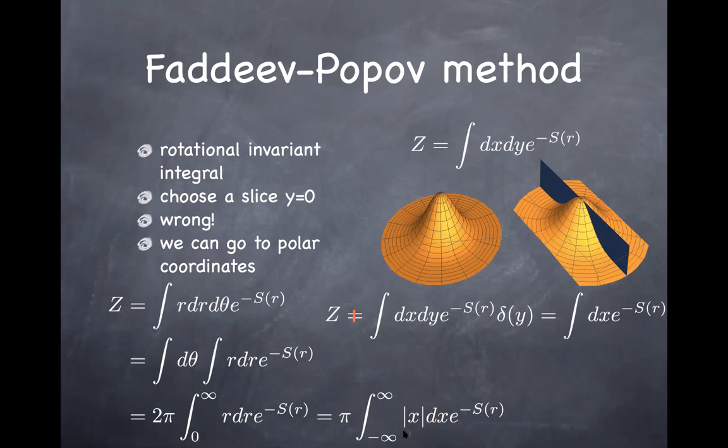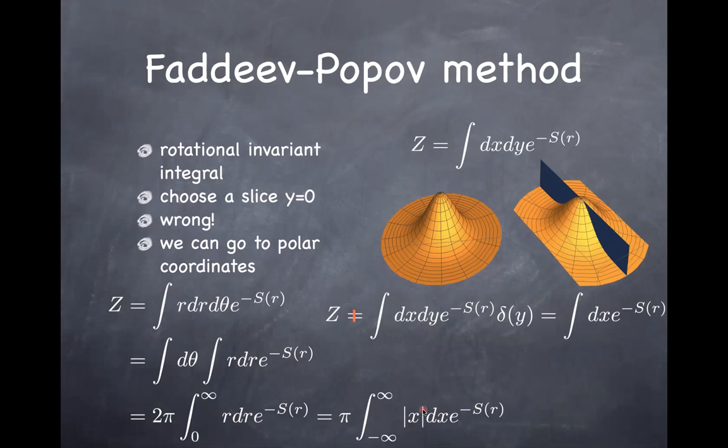Namely, is there any kind of Jacobian by doing the change of variable from the original Cartesian coordinates to polar coordinates? And when you go to polar coordinates, you have this Jacobian factor of r, which we need to keep to make sure that the integral doesn't change. But naively sticking in this gauge condition gives you a wrong answer, because the distance between different gauge slices now changes as you go along the gauge slice, and that precisely is this factor x in this particular case.